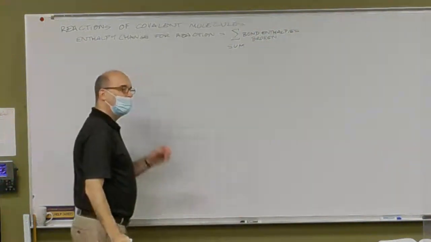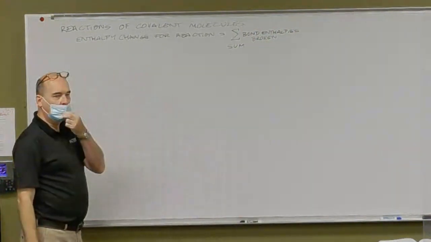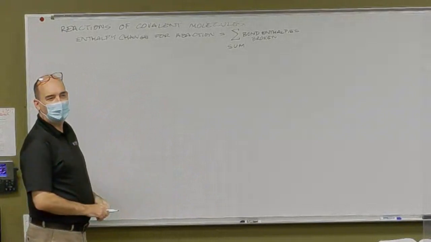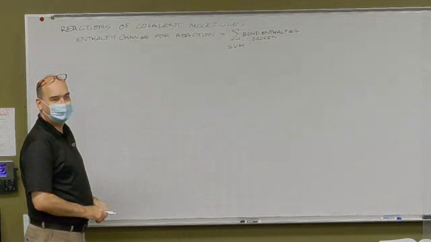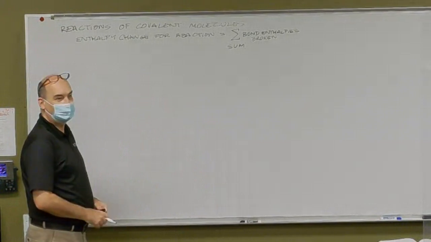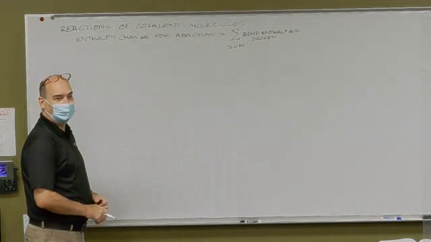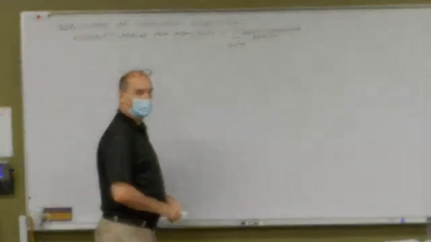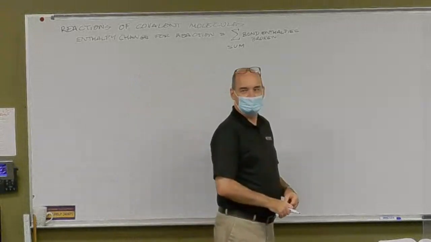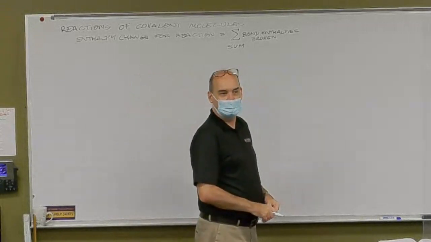You figure out how many bonds did you break? And then you look at what kind of bond did I just break? Where are you going to find that? It's in an appendix in the textbook. They're all written down. This is not stuff that you, as a 21st century student, have to figure out. This is something that the 18th century and the 19th century people did. They've already done this work.